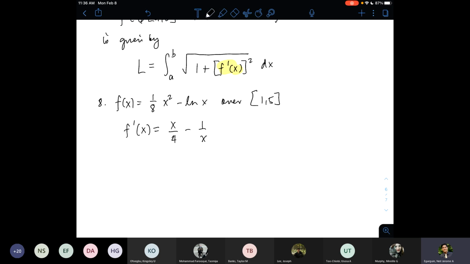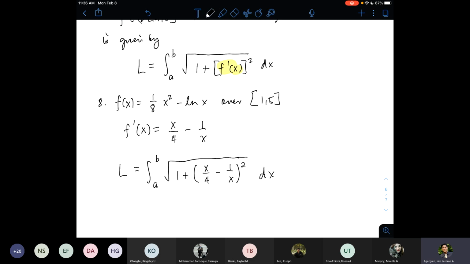So all we need to do is plug this into the formula for the arc length. So the arc length would be the integral from a to b of the square root of 1 plus the derivative squared. So that's x over 4 minus 1 over x quantity squared dx.